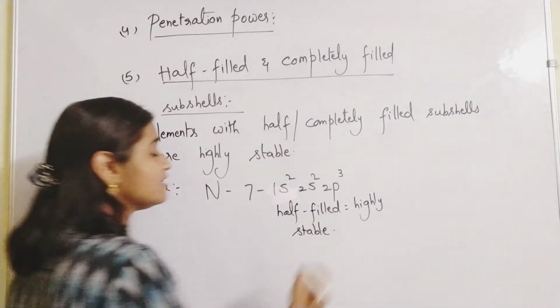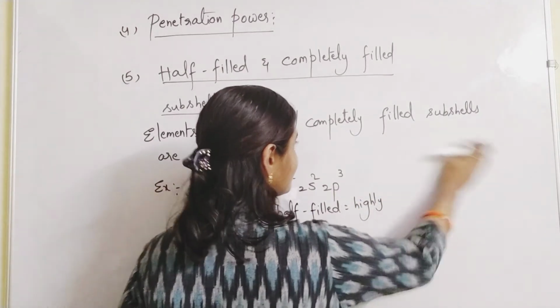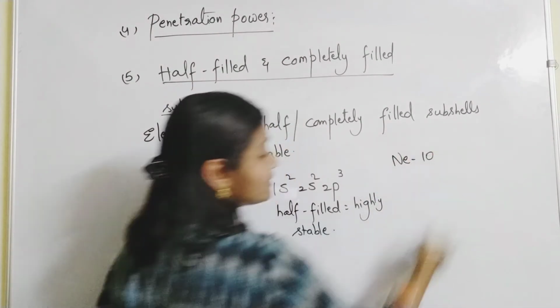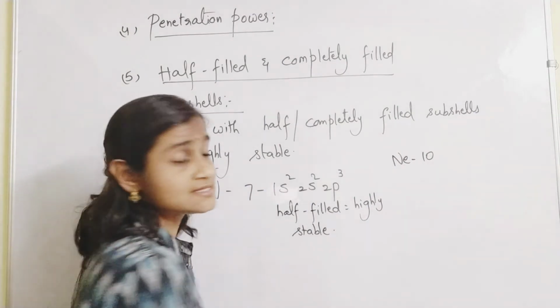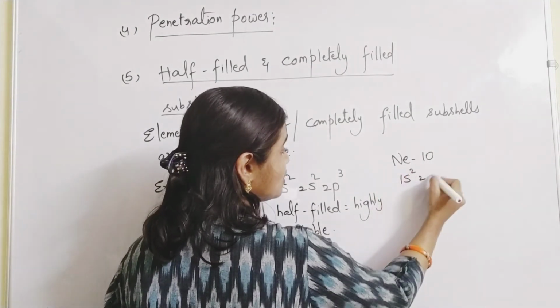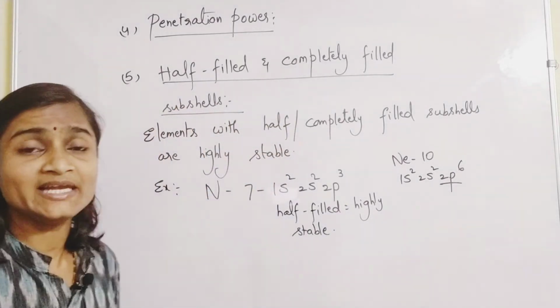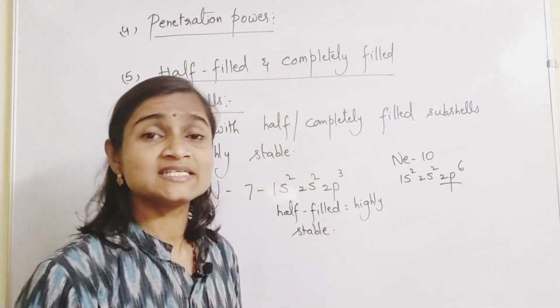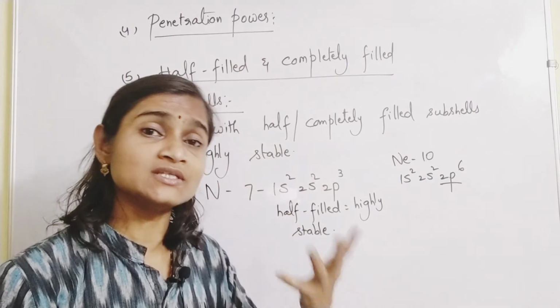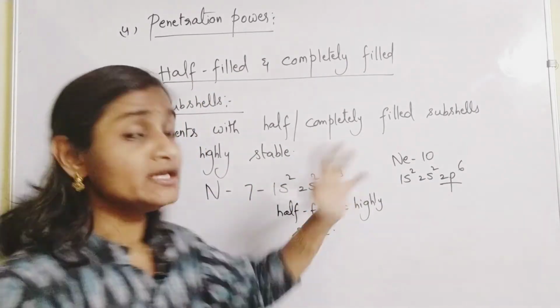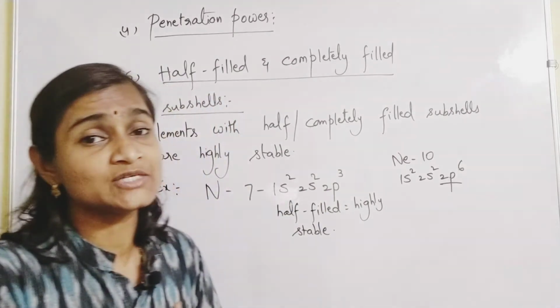Suppose you take completely filled, neon. Atomic number is 10, an inert gas: 1s2, 2s2, 2p6. Here P is completely filled. P orbital's capacity is 6 electrons and all 6 electrons are tightly held inside the atom of neon, so there is no place at all for movement.